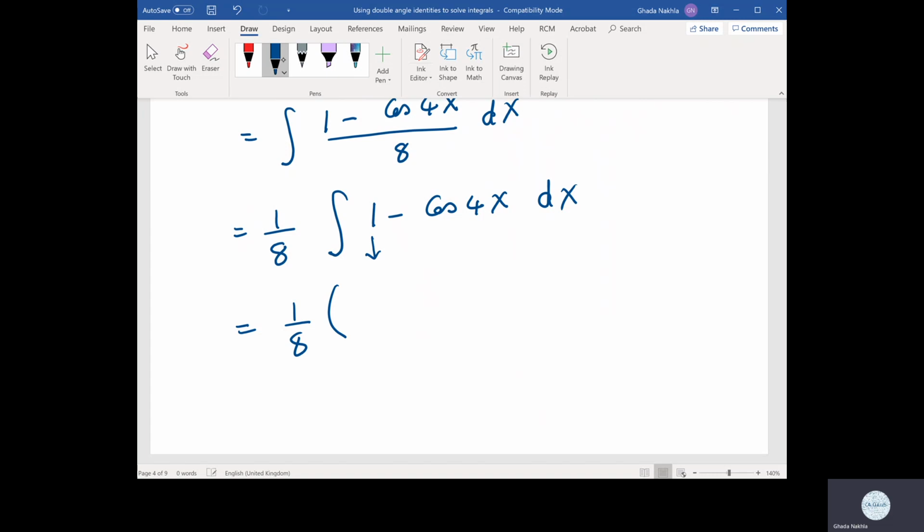Now 1 integrates into x, because 1 is x to the power of 0. Increase the power, divide by the new power. Increase the 0 to 1, so it's x, minus cos kx integrates into 1 over k sine kx, right? So k is 4, so 1 over 4 sine 4x plus c.